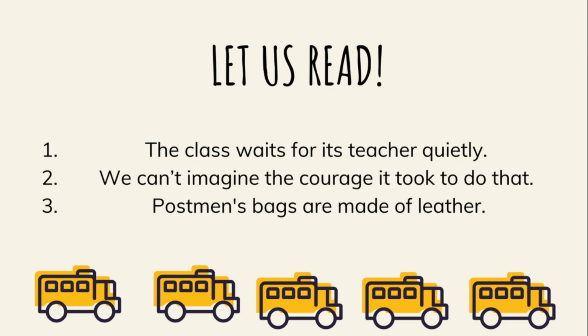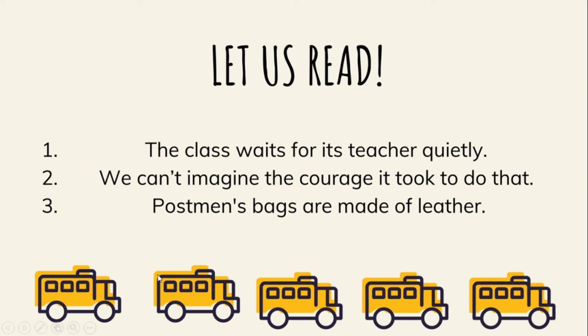Since we are done discussing the different types of noun, let us read the following sentences. Number 1, the class waits for its teacher quietly. Number 2, we can't imagine the courage it took to do that. Number 3, postman's bags are made of leather. Let's identify the nouns and their type.